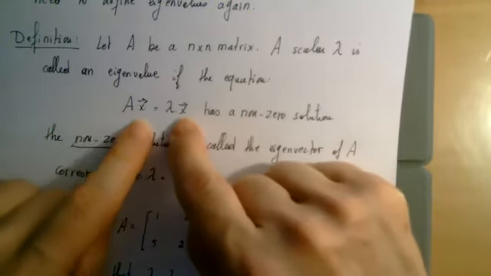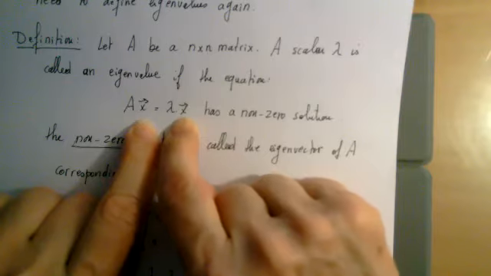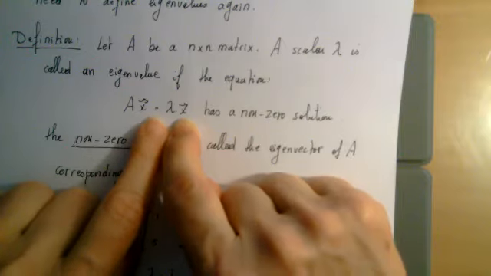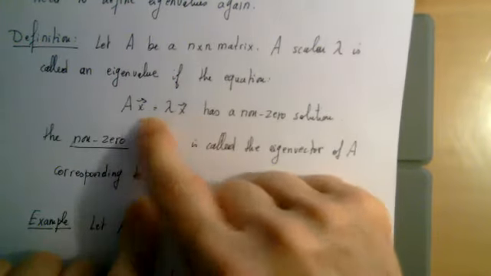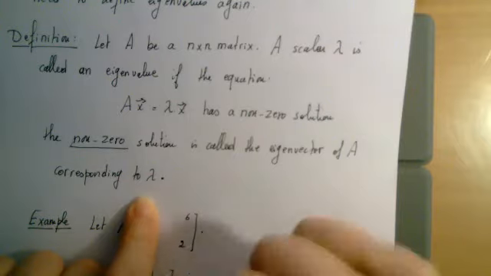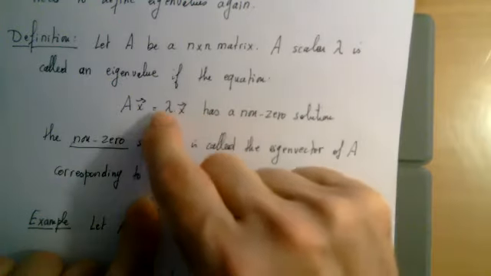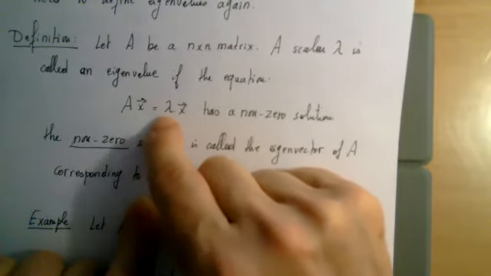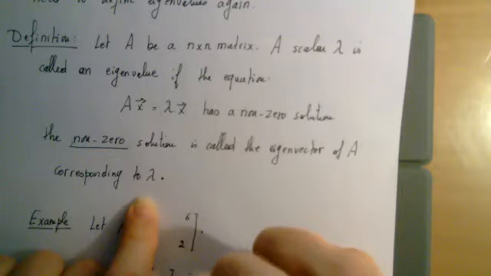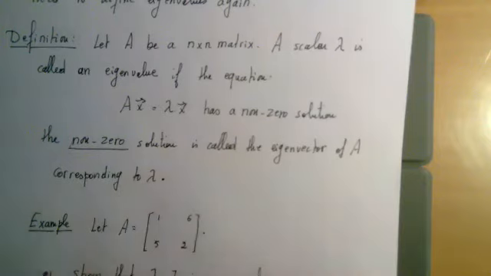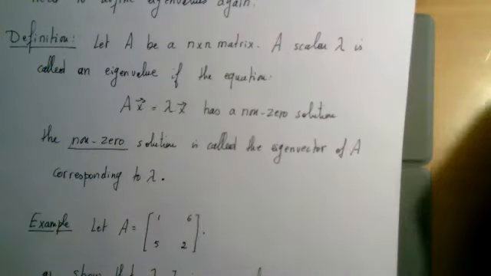It is an eigenvalue if I can find a vector x, not 0, such that the action of A on it is lambda times x. This non-zero vector will be called the eigenvector corresponding to lambda. So to find the vector x, first we have to find the scalar lambda such that Ax = lambda x has a non-zero solution. Once we do that, we can pick up our eigenvectors. That's the way we're going to find the eigenvalues and the eigenvectors.